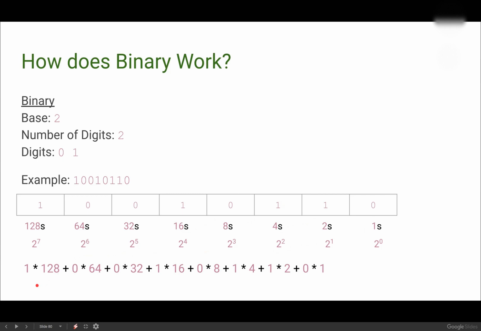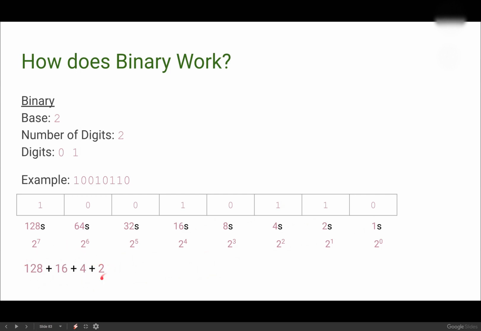Let's find all the places that we're not multiplying by 0, because anytime we multiply by 0, we get 0, which adds nothing. So we're going to multiply 1 times 128, 16, 4, and 2. And multiplying by 1 really doesn't do a whole lot. We're just going to get 128, 16, 4, and 2.